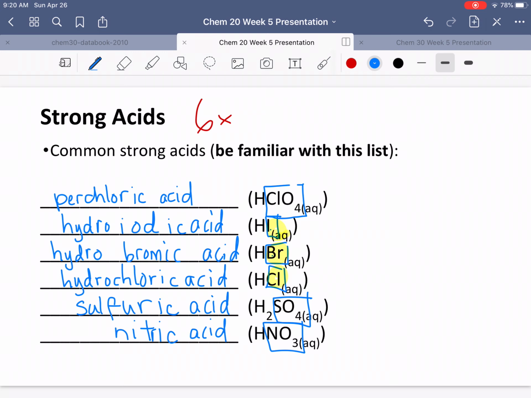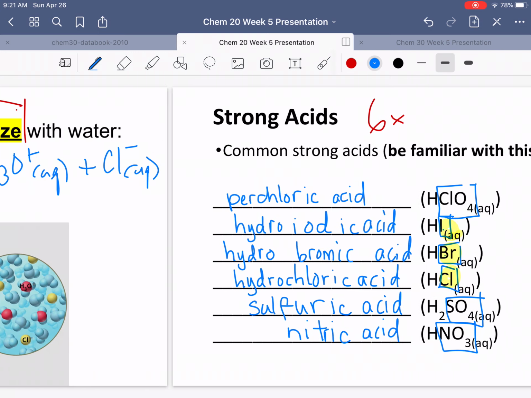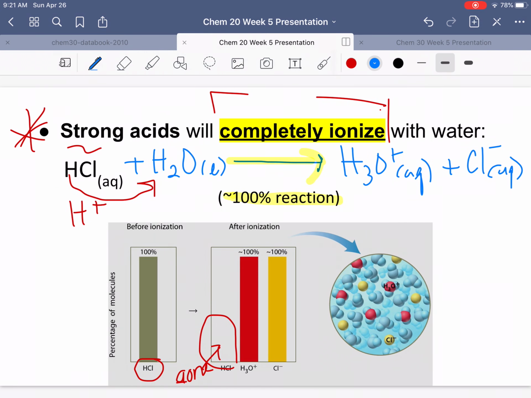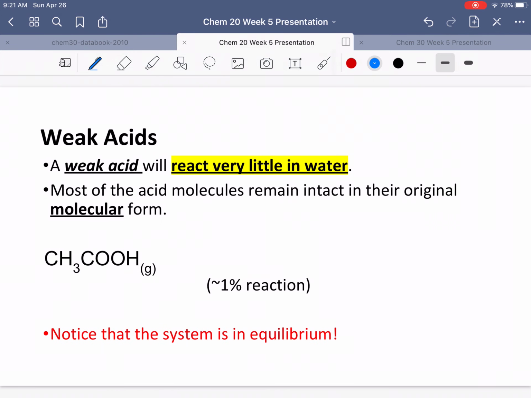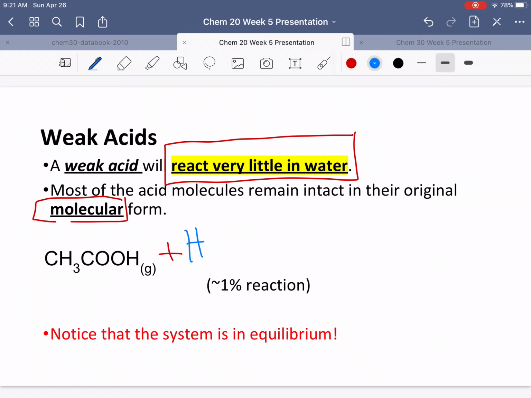Let's talk about weak acids. So again, just to remind you, strong acids completely ionize, 100%. When we get to a weak acid, it reacts very, very little in water. It still does ionize, but a high majority of the acid stays as a molecule. So we still need to show that yes, indeed, this will react with water. And when it reacts with water, yes, you will still see a proton transfer.